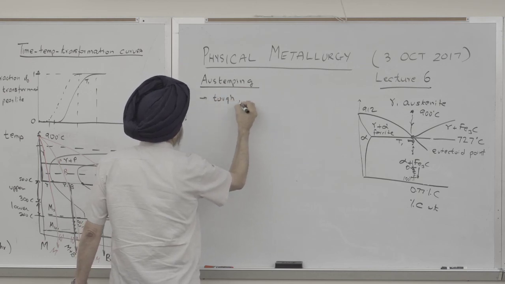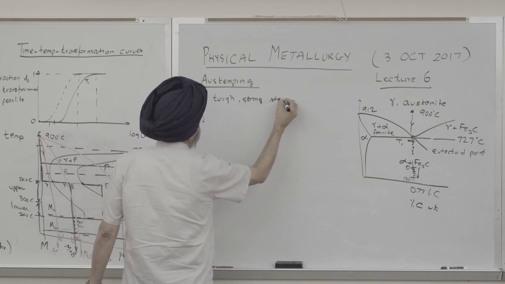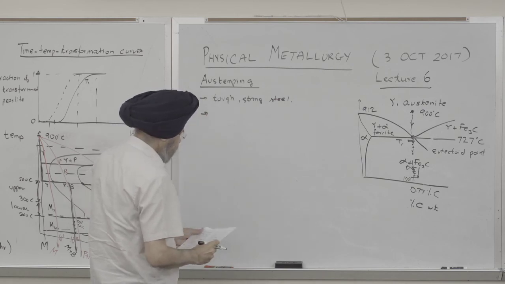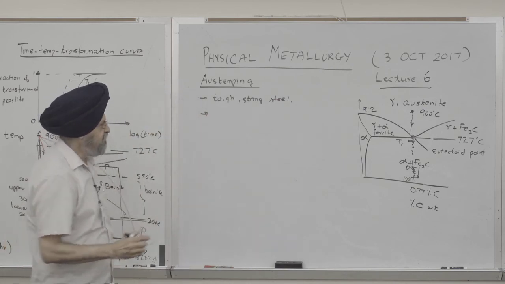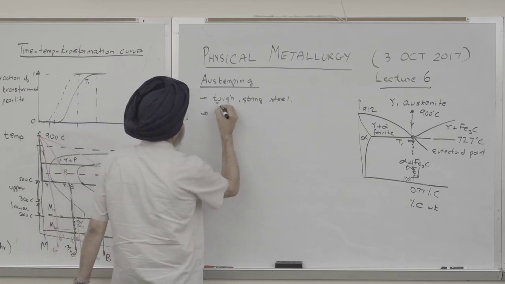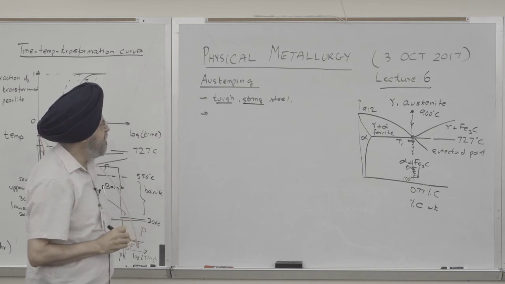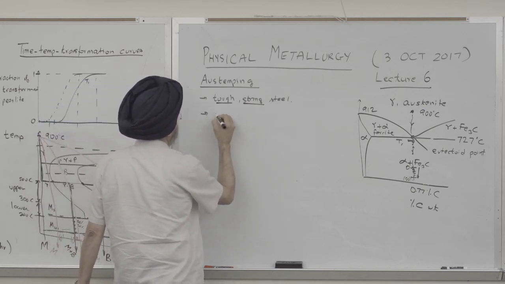tough, strong steel. So let's suppose somebody comes to you and says, you want to make a piece of steel which is very tough, very strong, and so it should not be brittle.